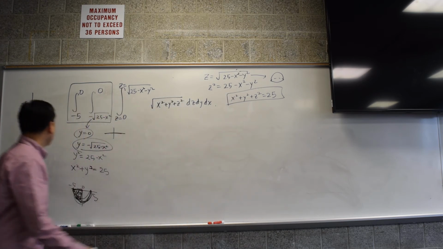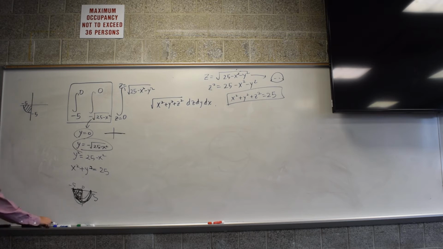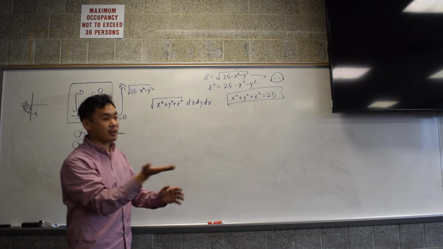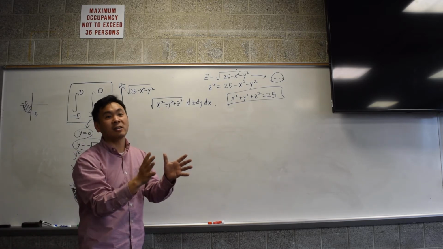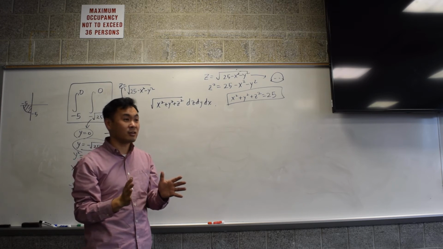So think about the following. You have the xy plane, and over it you have a sphere of radius 5. You're beginning here and ending at the sphere. What would you get? You're going to get this 1/8 of a sphere over this domain.